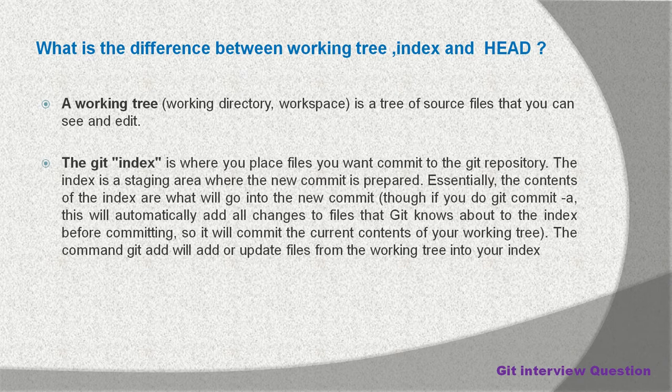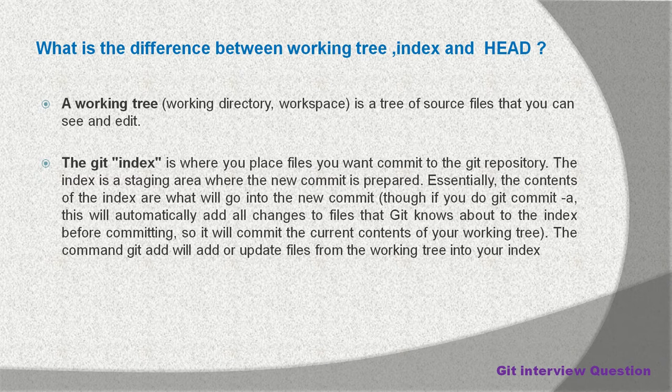Now the Git index is where you place files you want to commit to the Git repository. The index is also called staging. The index is a staging area where a new commit is prepared. Essentially, the contents of the index are what go into the new commit. So whenever you do git commit -a and specify a message, before that you have to use -m and the commit message.